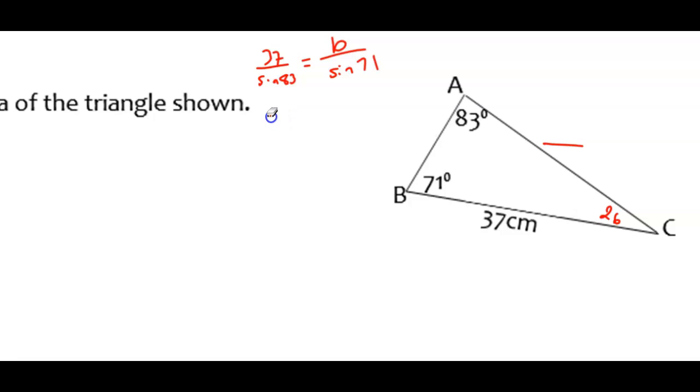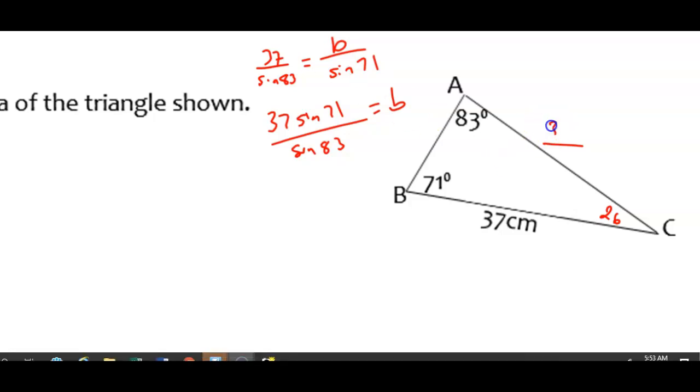Cross multiply and divide by sine of 83, and that equals B. There's B right there. So B equals, and this is going to give me 35.25.